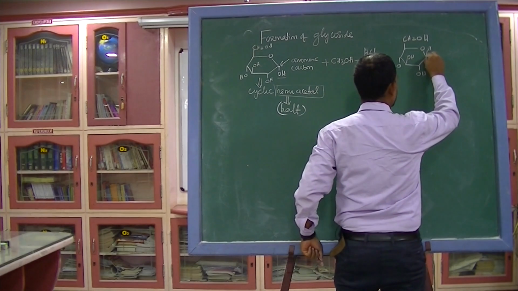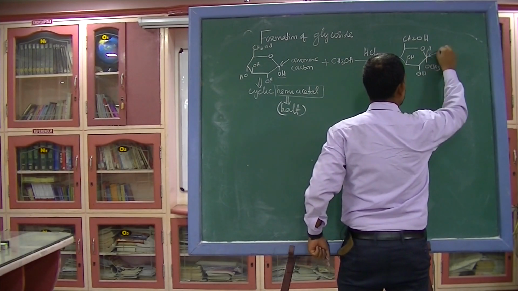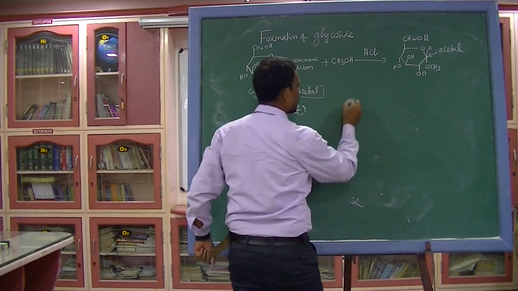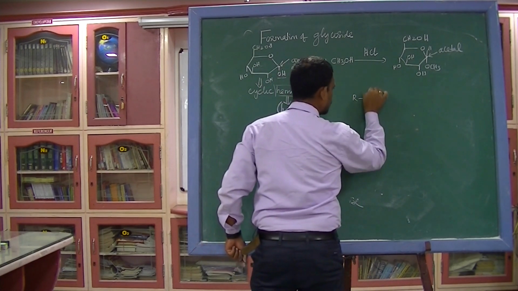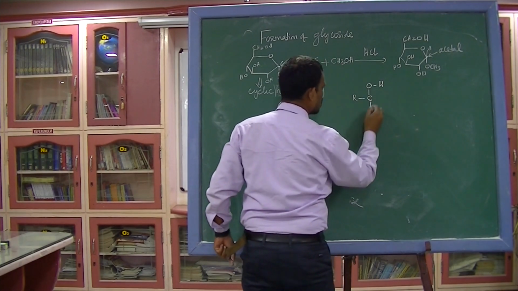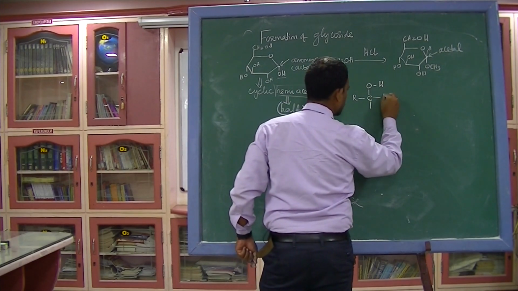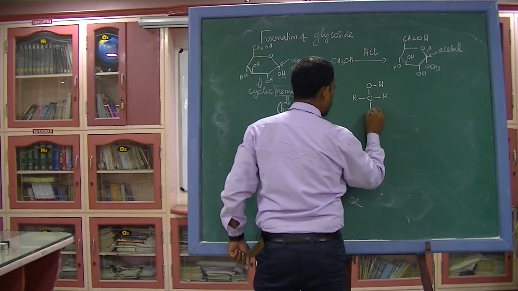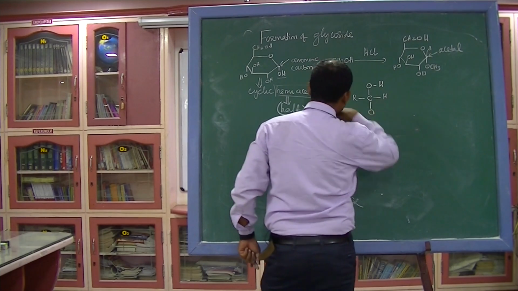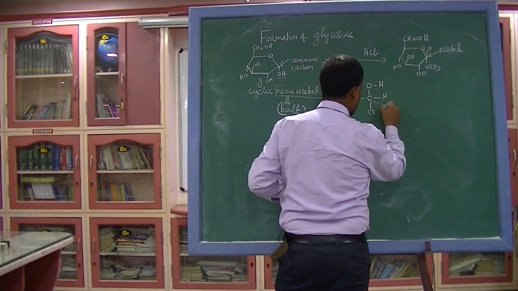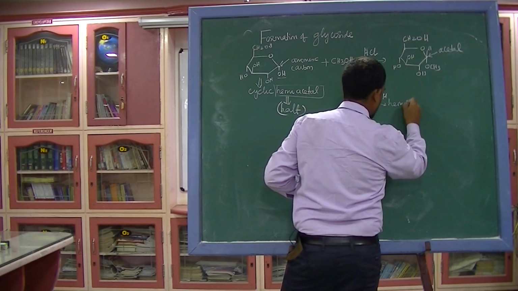So this is nothing but your acetal. So what is the difference between hemiacetal and acetal? Suppose you have an OH and one oxygen on the carbon, this is nothing but your hemiacetal.